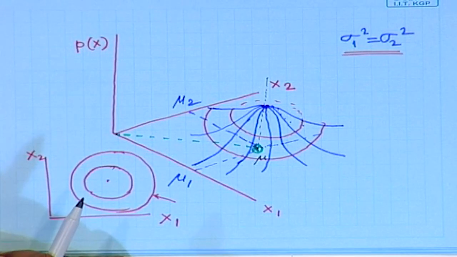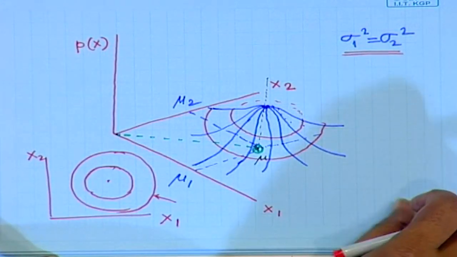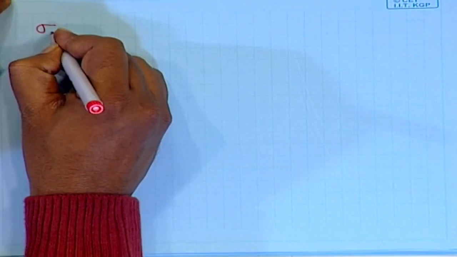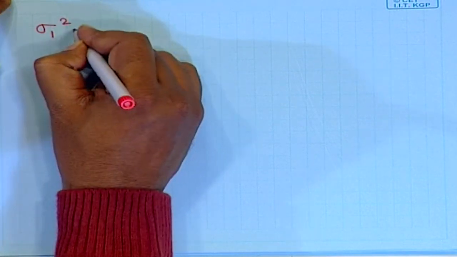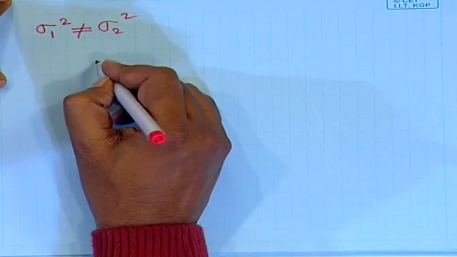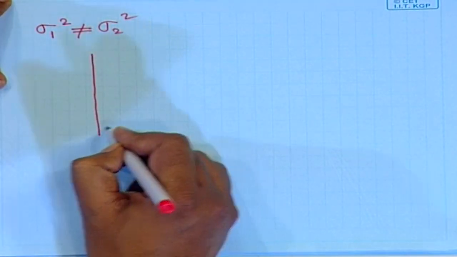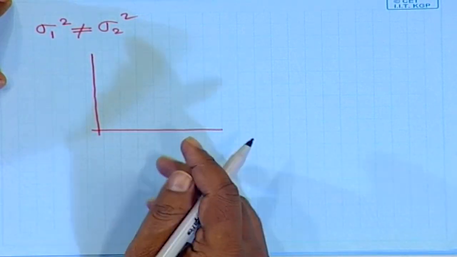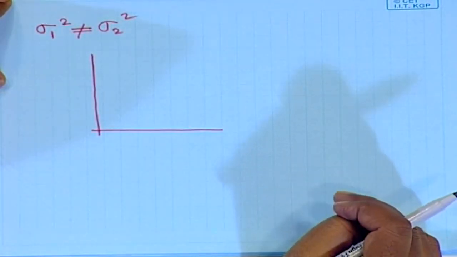So, in that case, this circle will become ellipse. Okay. So, this circle that I have shown, when I have say sigma 1 square is not equal to sigma 2 square. So, one will be greater than the other. So, when sigma 1 square is equal to sigma 2 square, I had the footprints of the loci of the points of constant density as circles.